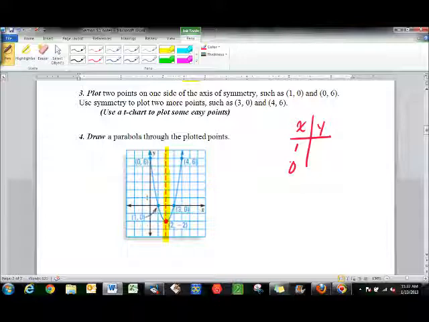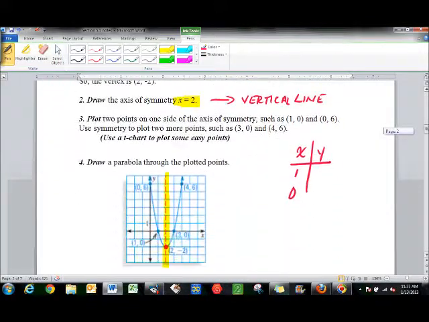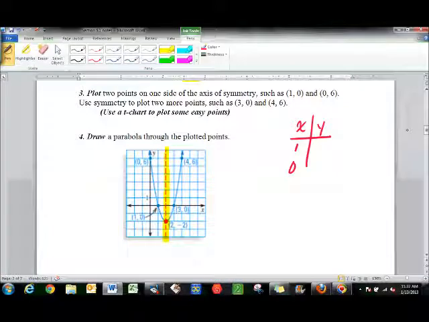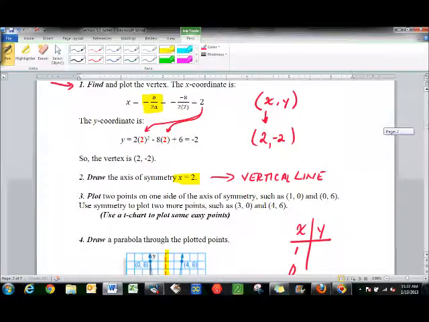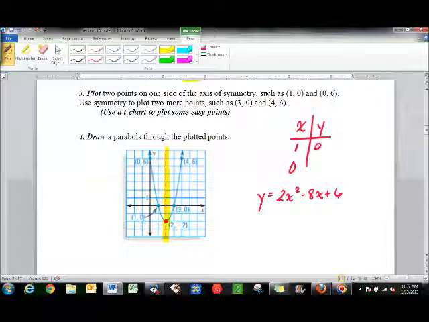And we would plug this back into the original quadratic function, which was y equals 2x squared minus 8x plus 6. And when we plug this in, 2x squared minus 8x plus 6, what we'll get is a 0 for this point and 6 for this point, and then we'll be able to plot those 2 points.